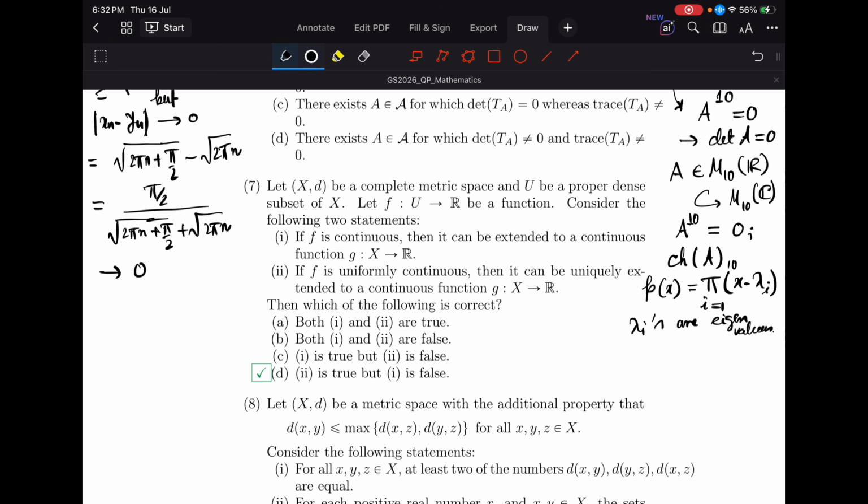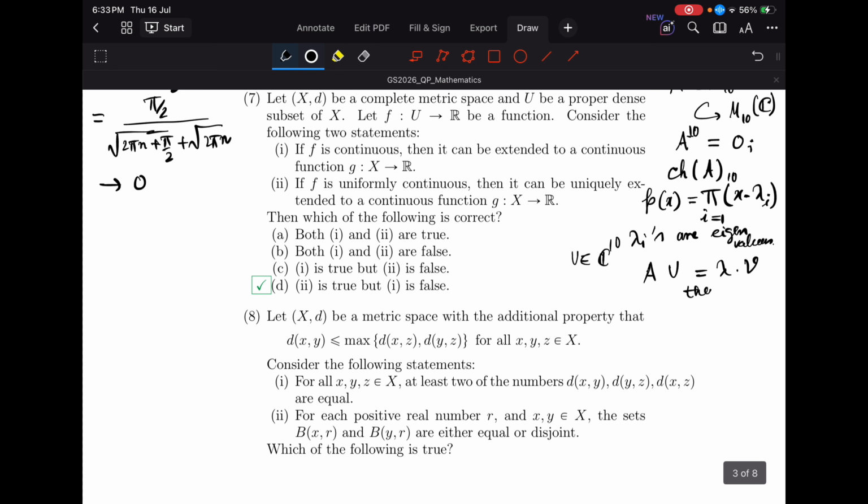Okay, so if lambda is an eigenvalue, then we can find a complex non-zero vector v. So we can find an element v of C10 such that Av equal to lambda times v, if lambda is an eigenvalue of A, right?